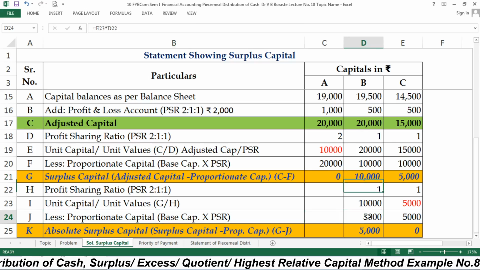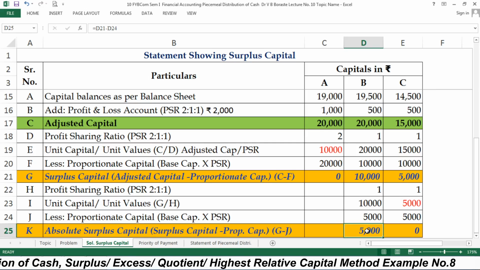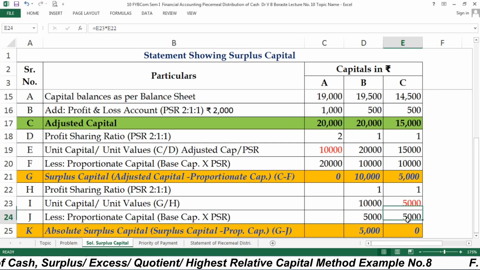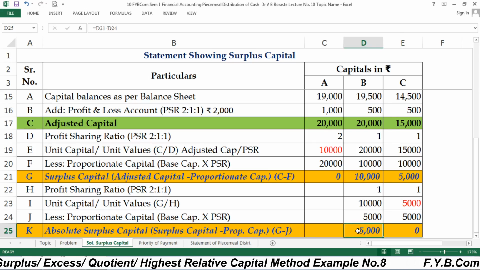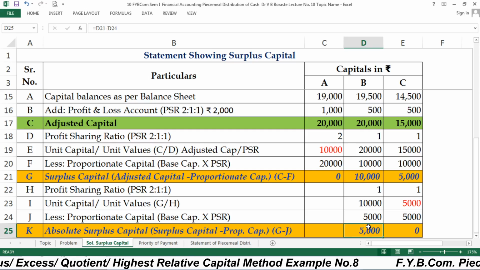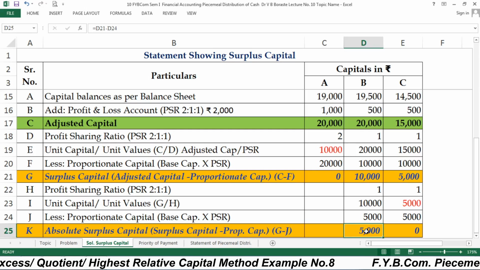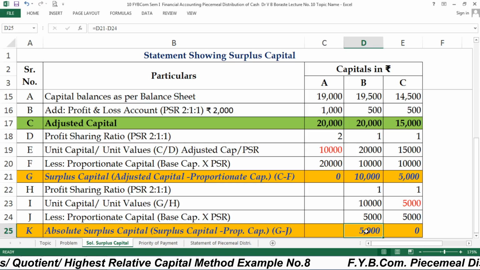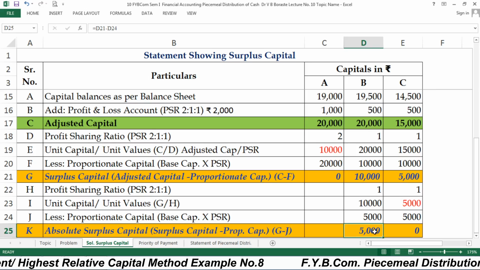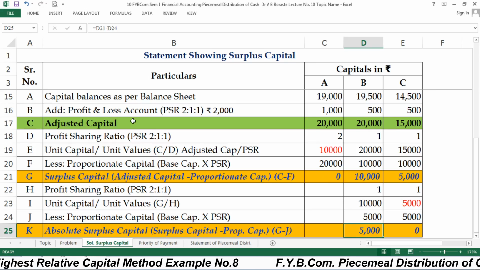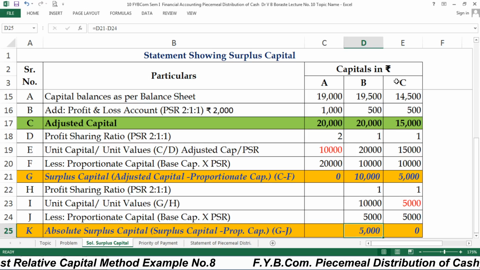So 10,000 minus 5,000, the amount will be 5,000, and 5,000 minus 5,000, the amount will be 0. In this way you can calculate the surplus capital. Here we got the surplus of Mr. B, that is, the absolute surplus of Mr. B, that is 5,000.